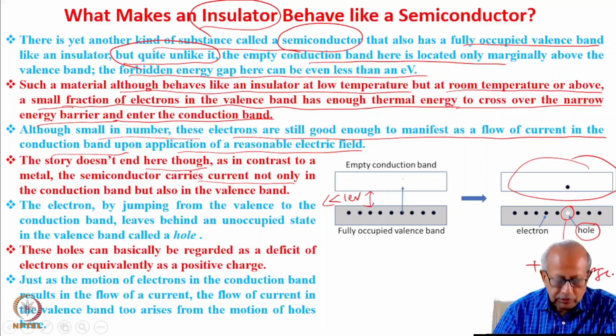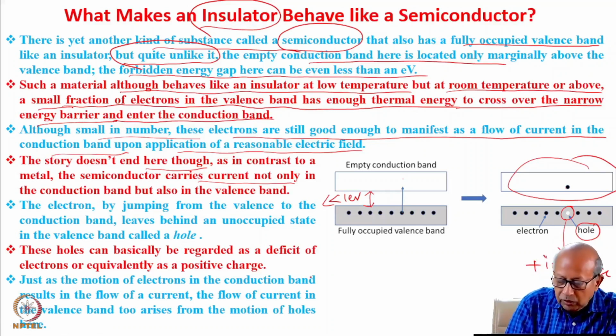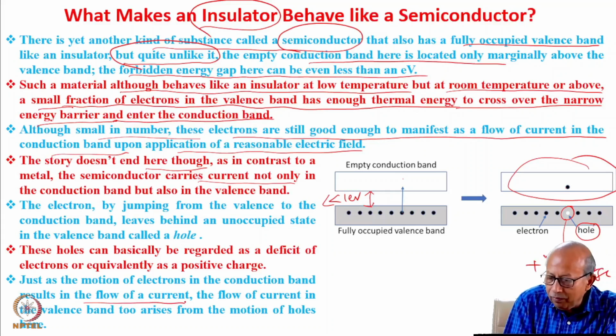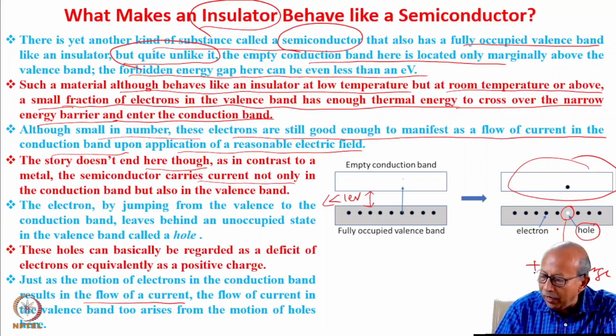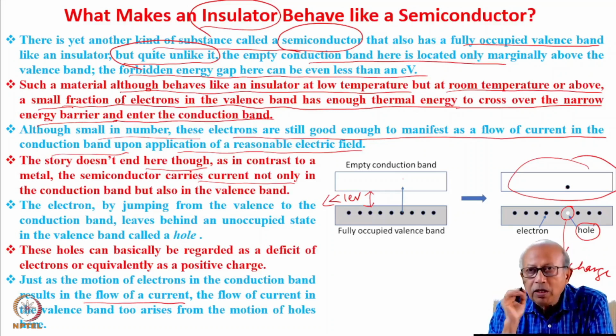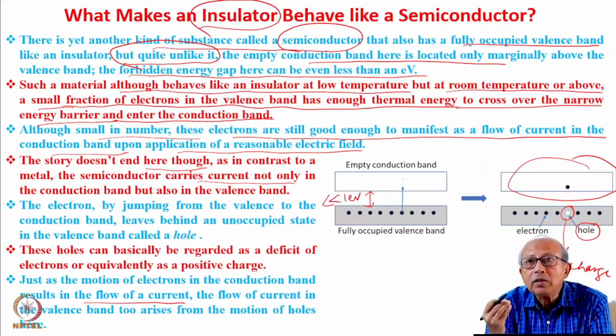Just as the motion of electrons in the conduction band results in the flow of current, the flow of current in the valence band too arises from the motion of these holes. So you see, semiconductors are actually much more than just a metal.